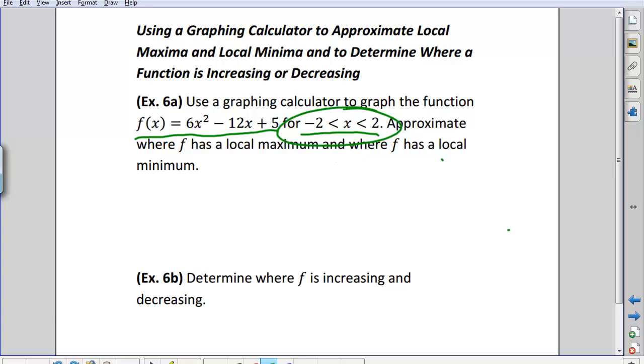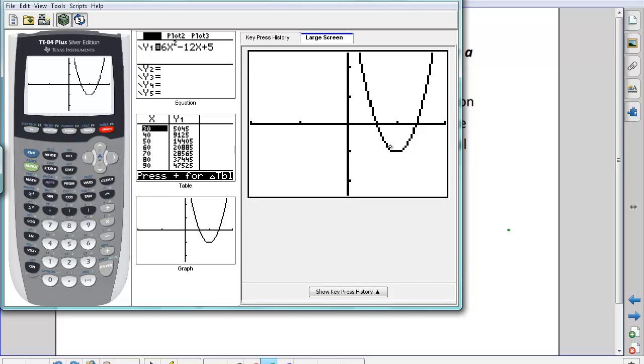Now we can tell there's probably a local minimum right here. And the way we can approximate that is by using our trace function. If you'll hit trace and then start moving to the right, you'll see eventually we can move that x, and we're looking for a minimum here.